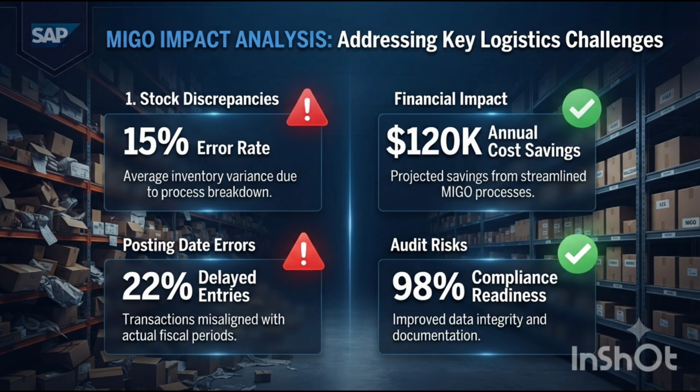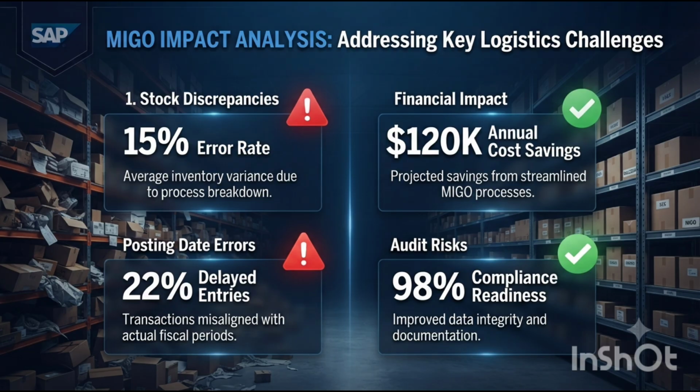Why should we care about MIGO issues? Because they directly impact your business. Wrong stock quantities can lead to production stoppages, delayed deliveries, or excess inventory costs. Posting date errors can block period closing and create audit problems. These issues often result in financial discrepancies, frustrated users, and loss of trust in the system.